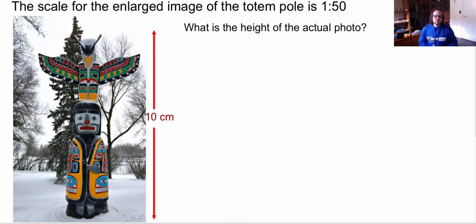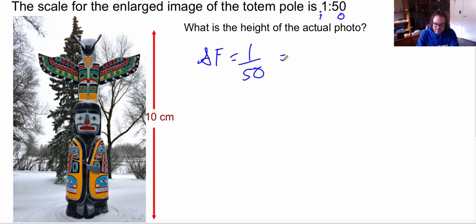Now, our last question has a scale diagram of an enlarged image of a totem pole, 1 to 50. So that means my scale factor is equal to 1 over 50. So it's normally going to be image and then object. So what is the height of the actual pole?